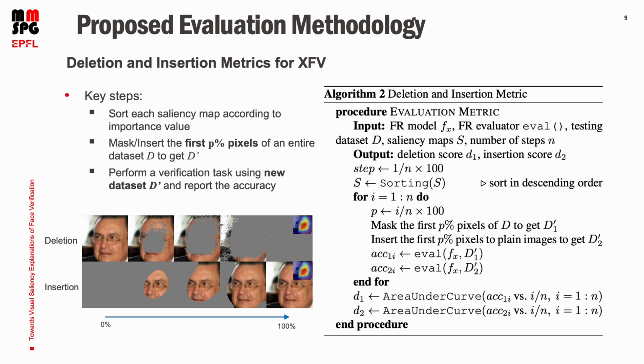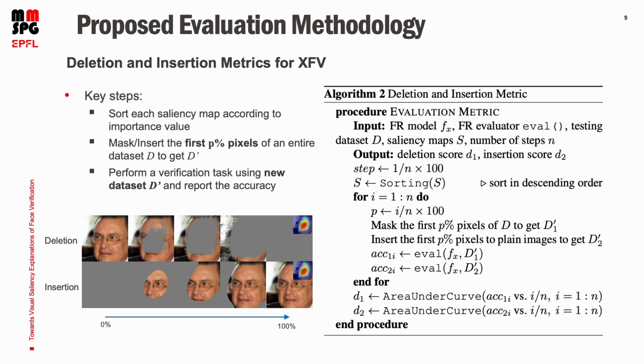Then, we mask the first p% of most salient pixels of the entire dataset, and get a D prime. And then, we perform a verification task using the new dataset D prime and report the accuracy. After iterating from 0% to 100% of deletions, we plot the curve of verification accuracy versus the percentage of masked pixels, and then report the AUC score as the final deletion metric.